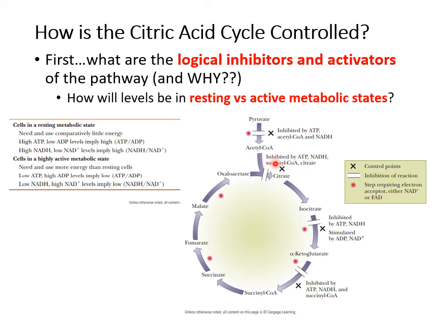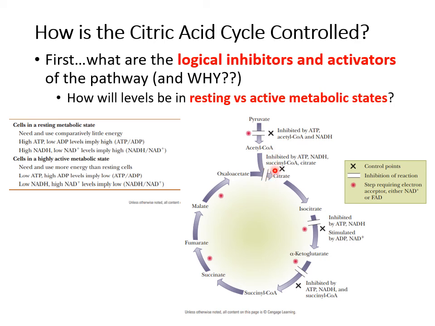So as you can see here, acetyl-CoA to citrate, citrate is listed as one of the inhibitors to this pathway because once you have enough of a product, you don't need to waste energy and resources making more.